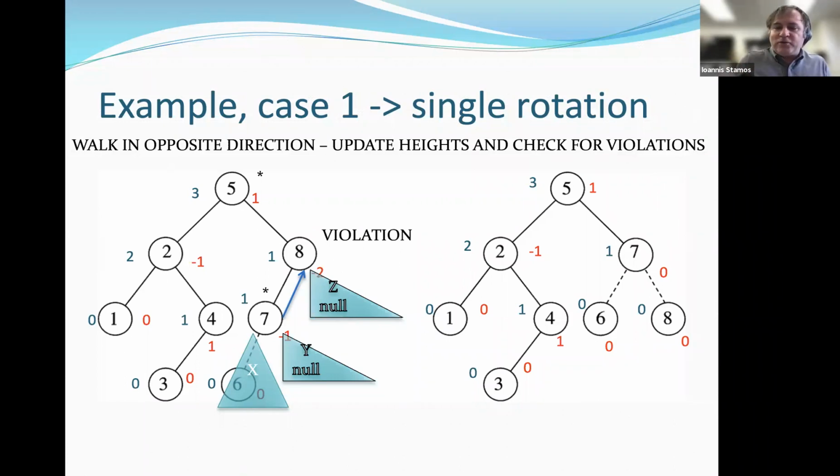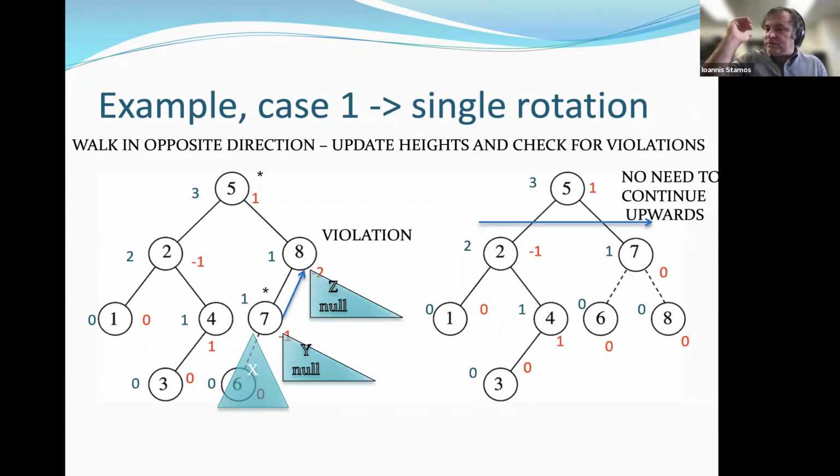That's one case though, right? We have multiple cases. And if you fix it at 8, then you don't have to go upwards. It's done because the height that you have at 7 at this location is the same that we had before. So you don't have to do anything upstairs. You just do one operation and then it's done.